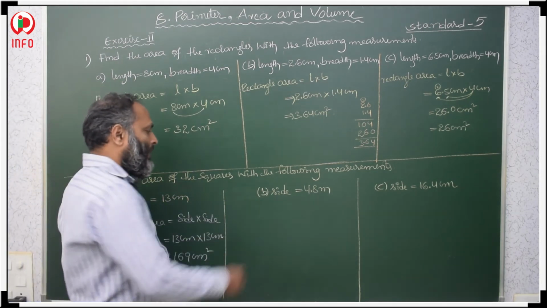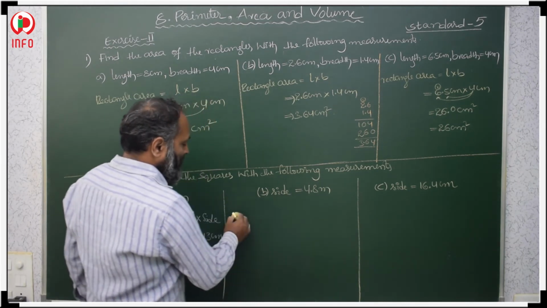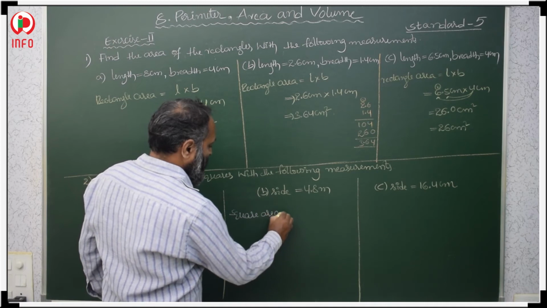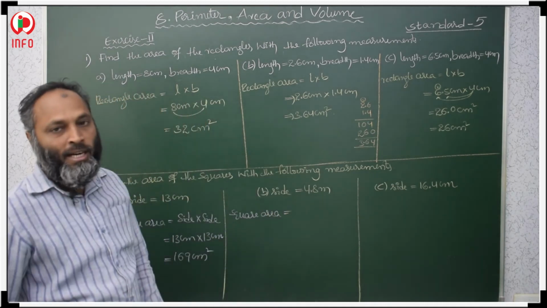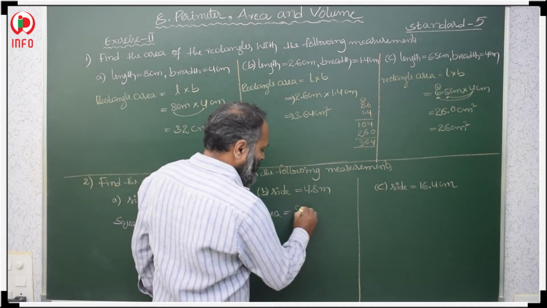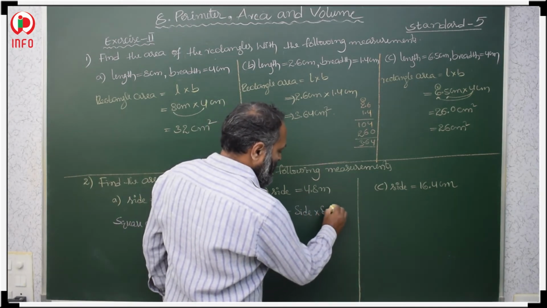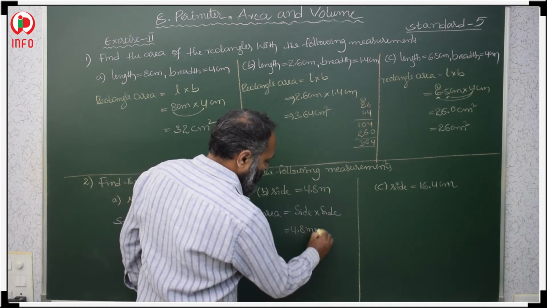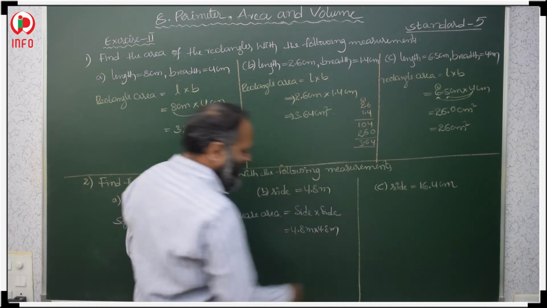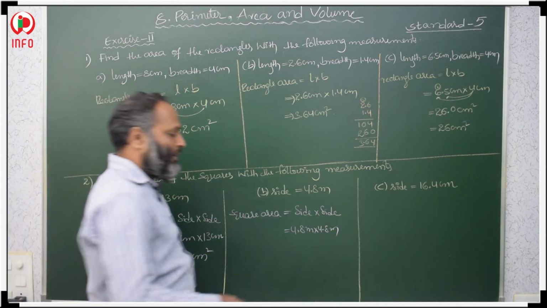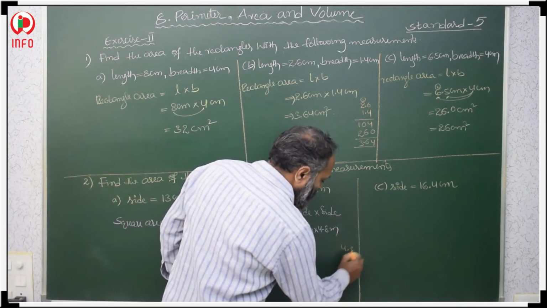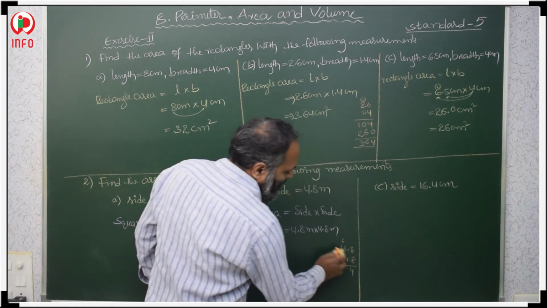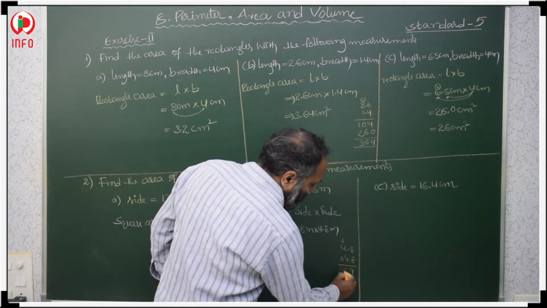Now here also side 4.8 is given. Then square area formula is side into side, that is 4.8 meters into 4.8 meters. Now you multiply 4.8 with 4.8. 8 8s are 64, 6. 8 4s are 32, 38.